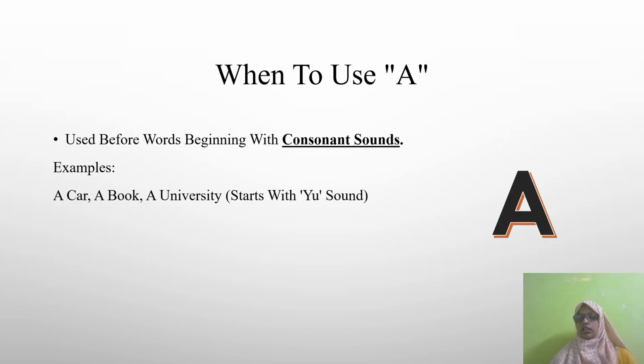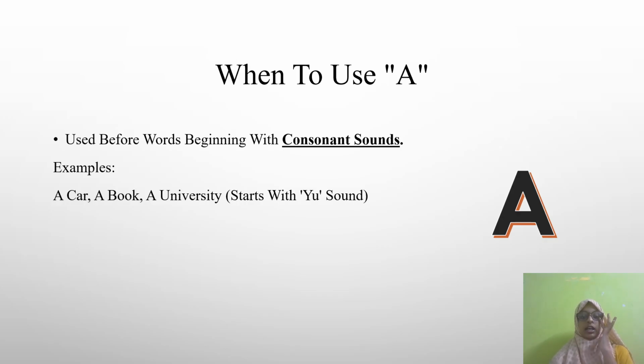So let's see when we have to use a. The article a is used before words which begin with consonant sounds. Irrespective of the first letter, if the word starts with a consonant sound, then it should be preceded by the article a.